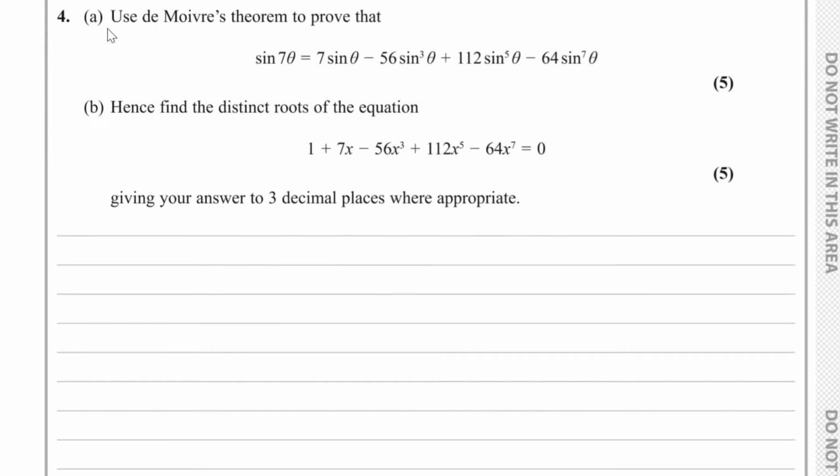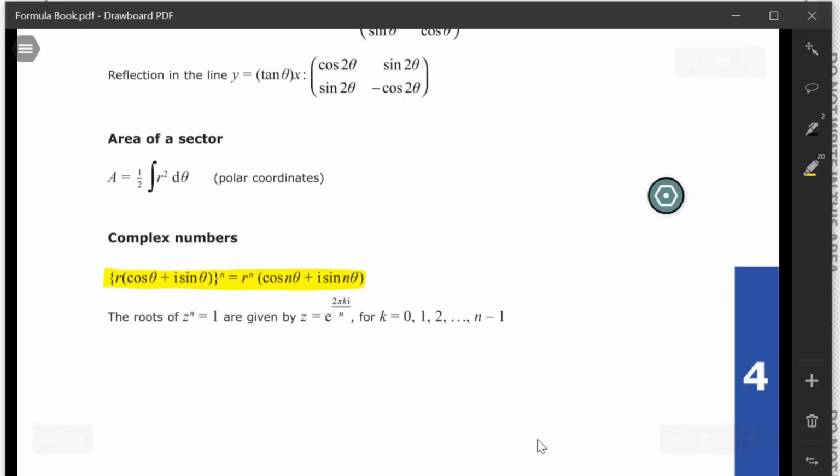Question number 4. For part A, we have to use Moivre's theorem to prove that sine 7 theta equals 7 sine theta minus 56 sine cubed theta plus 112 sine to the 5 theta minus 64 sine to the 7 theta. So for part A, obviously we have to use Moivre's theorem, and that's shown in the formula book here.